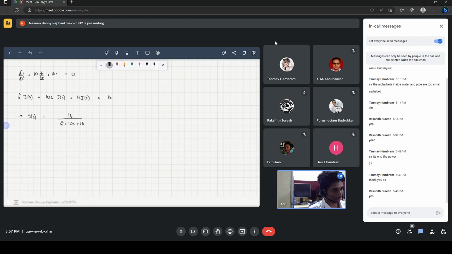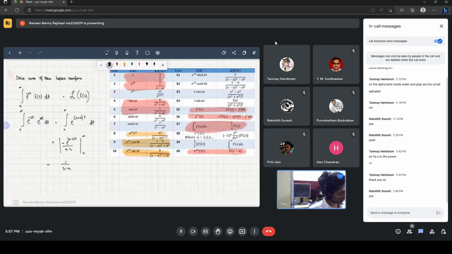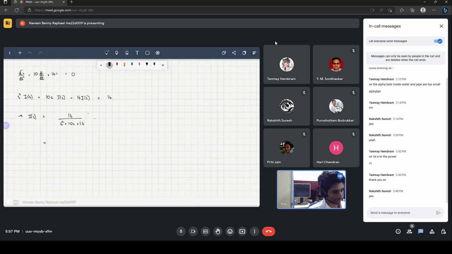And now we can simply do a partial fraction decomposition. In general, if you remember the equation, you can find the inverse Laplace transform of this directly. But in general what we do is we use partial fraction decomposition to write this in terms of its factors.